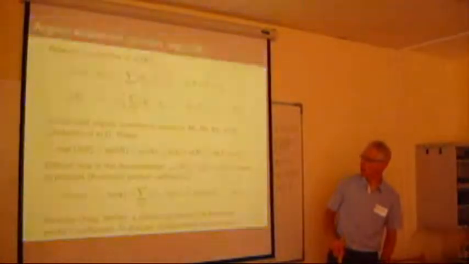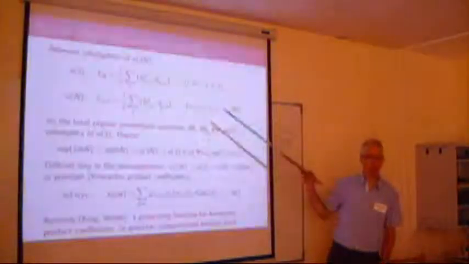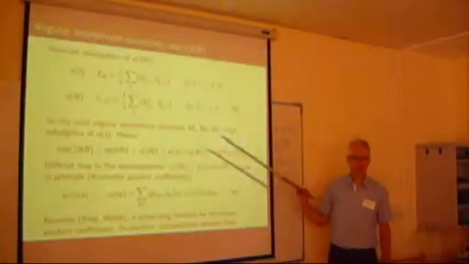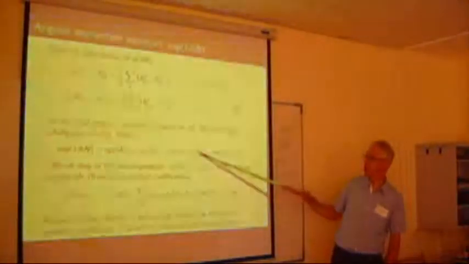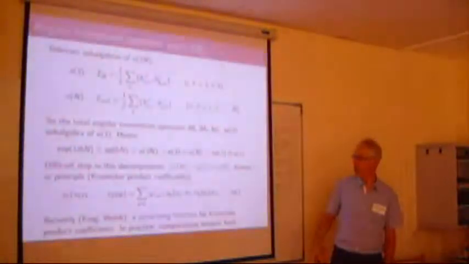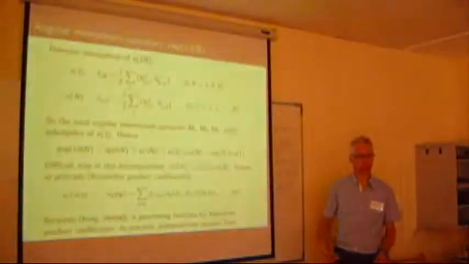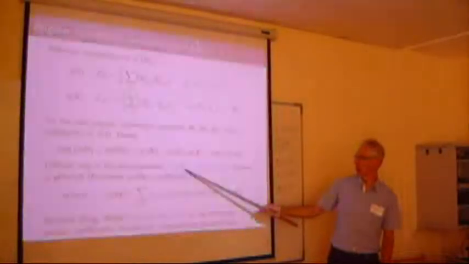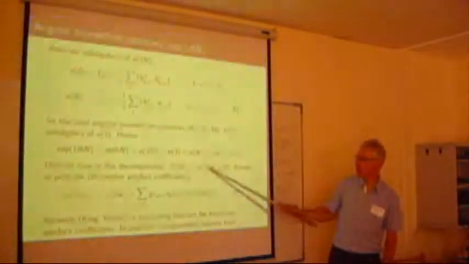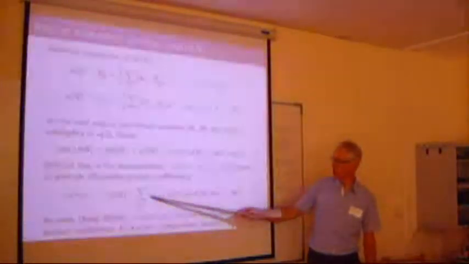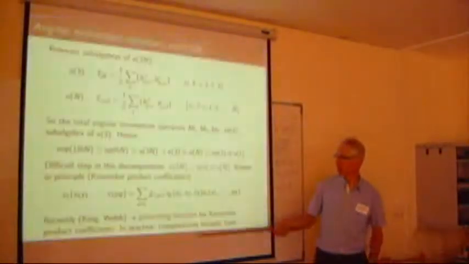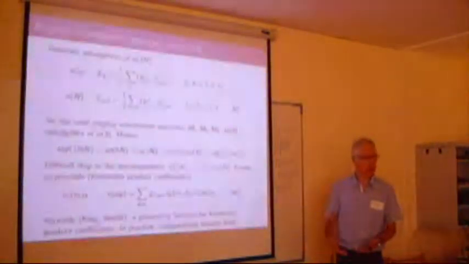Let me just mention one thing without going into the details. The difficult step here is going from U(3N) to U(3) times U(N) in this decomposition. Although there's a formula for this, the coefficients you need for this decomposition are known as the Kronecker product coefficients, also appearing in Kronecker products of representations of the symmetric group.